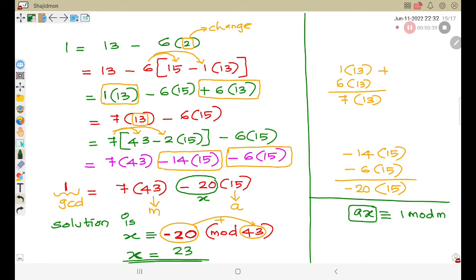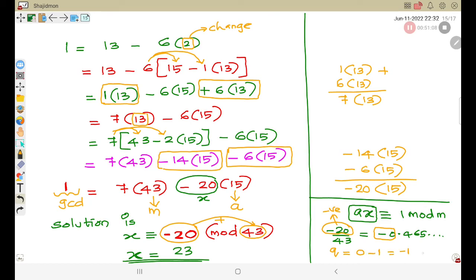Or what you do, minus 20 divided by 43. Whatever we studied before, we need to calculate the remainder. So you will get minus 0.465 like this. Here we need to be careful. The number is negative here. So Q number equals this number minus 1. Don't forget minus 1. 0 minus 1.